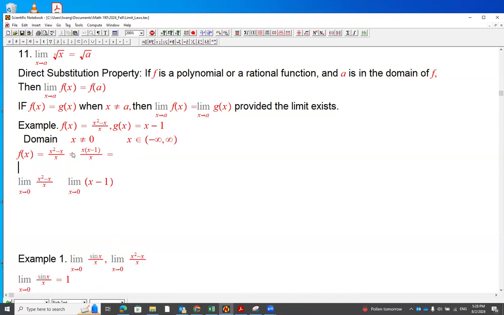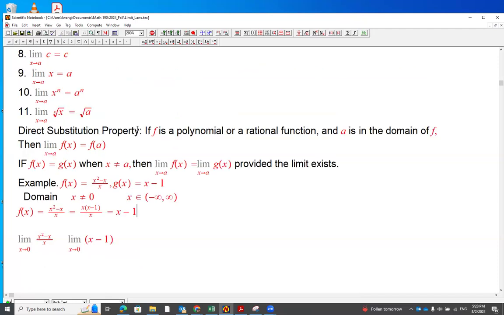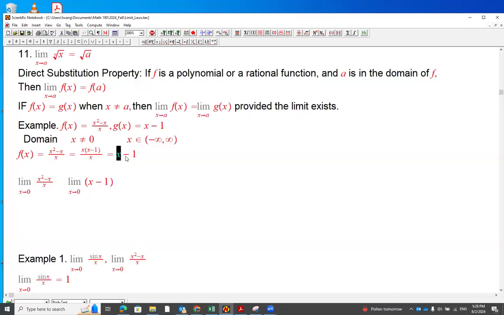Because we work this in the domain where x is not 0, the two x's, one on the top and one on the bottom, are not 0, so we can reduce them. We end up with x minus 1. But x minus 1 as a function alone has a different domain. So these two functions are the same at all points but one, x equals 0. So this is the case that f of x equals g of x when x is not 0.